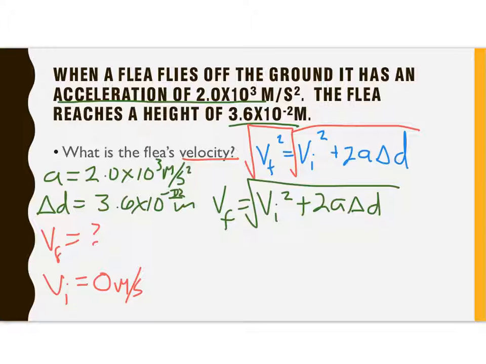Now, once again, since my Vi is 0, then 0 squared is 0, so that term disappears and I don't need it.